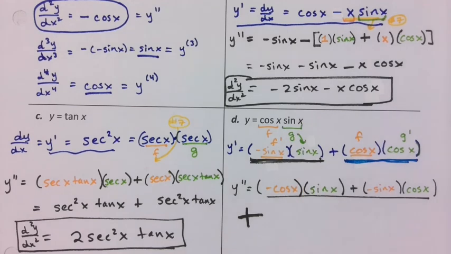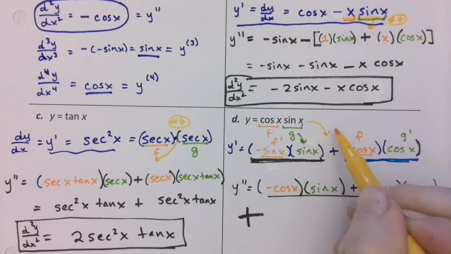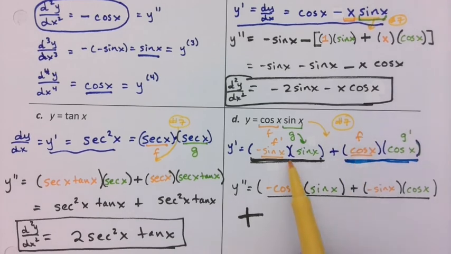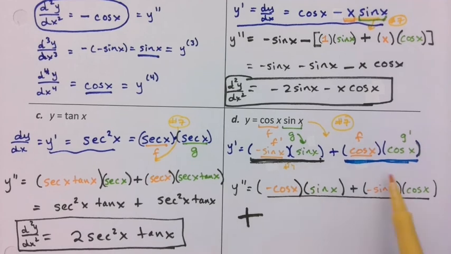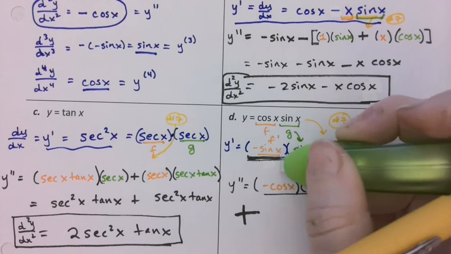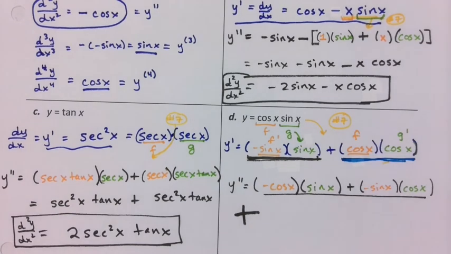So I needed 1 application of the product rule to get me from here to here. So that's product rule. And then I need another application of the product rule here to get from this bit to here. And then I need another one from this bit down. So I need 3 product rules total: 1 for the first derivative and 2 more for the second derivative.